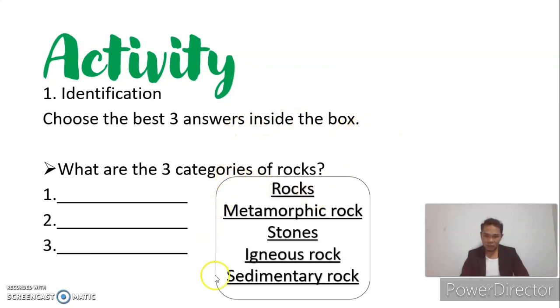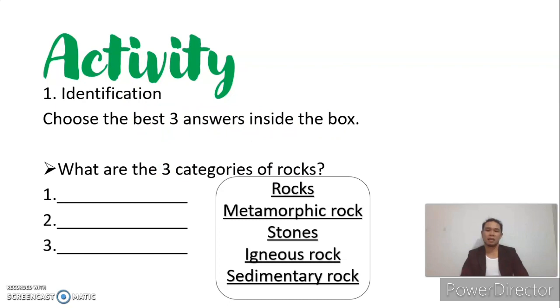The question is, what are the three categories of rocks? You choose one, two, three, and fill in the blank. The choices are here inside the box: rocks, metamorphic rock, stones, igneous rock, sedimentary rock. Just pick three answers inside the box.